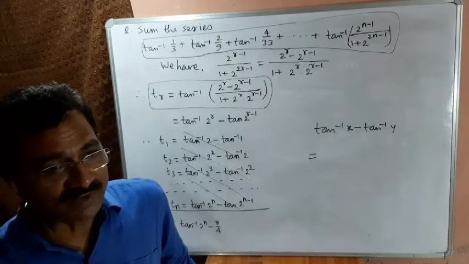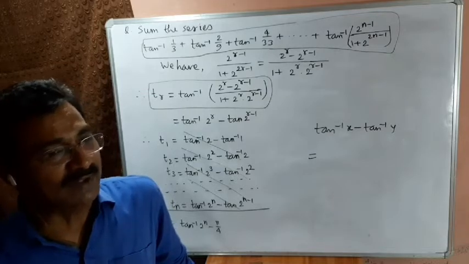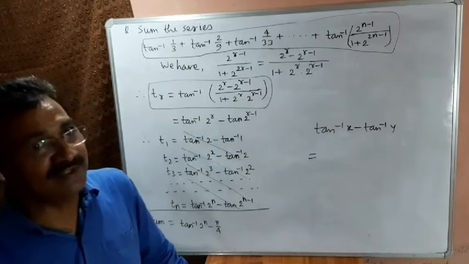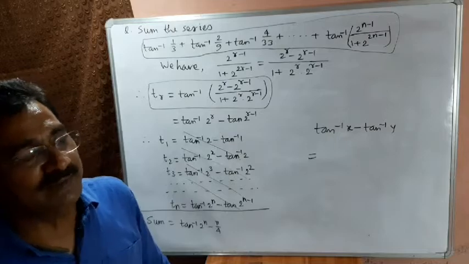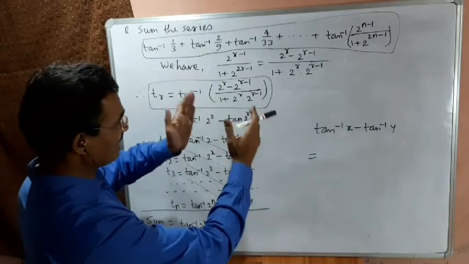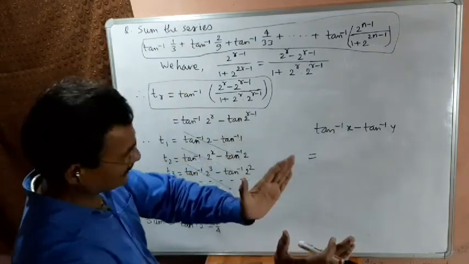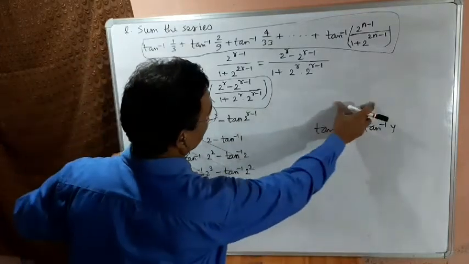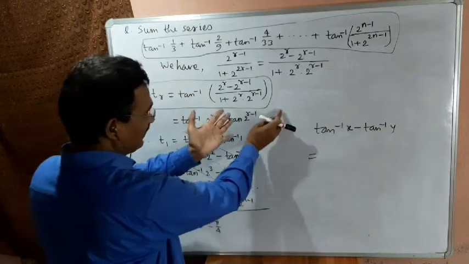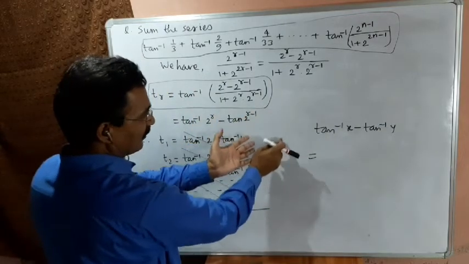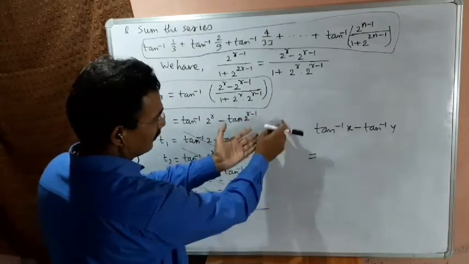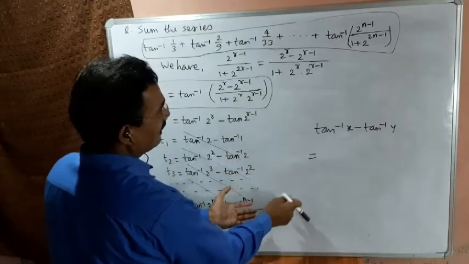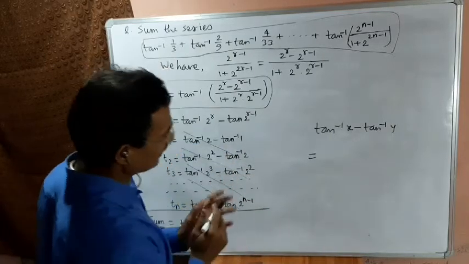If the rth term or nth term, any particular term in a sequence, can be expressed like something minus something, then we put successively the values of n as 1, 2, 3, 4, 5, up to as long as we have to find the required sum, and then we search.